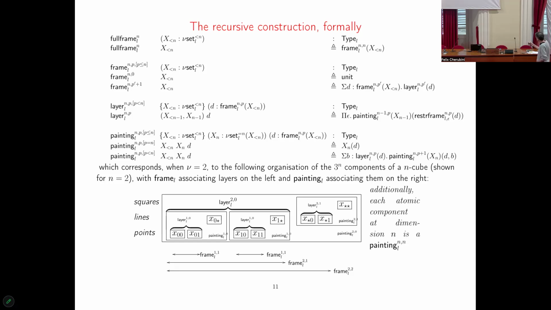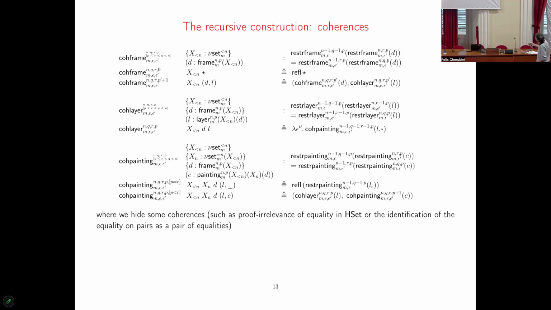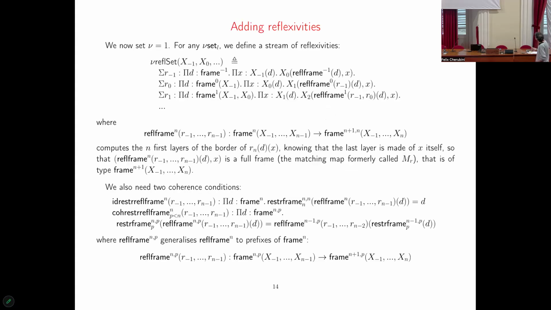So the structure has this form, but I think it starts to be very complicated. We have a notion of restriction of frame, and it goes through all the structure, and we need a property of coherence of frame. This is very familiar and I won't go into the details.